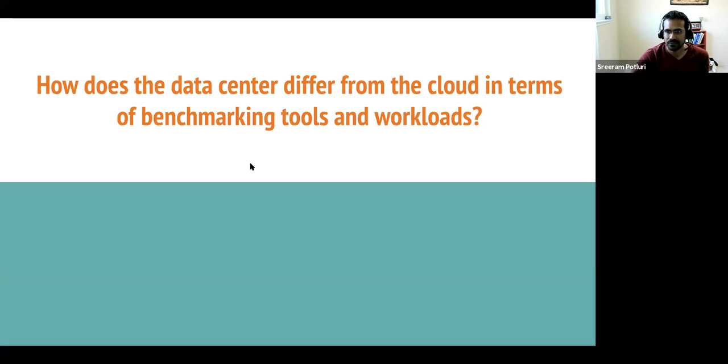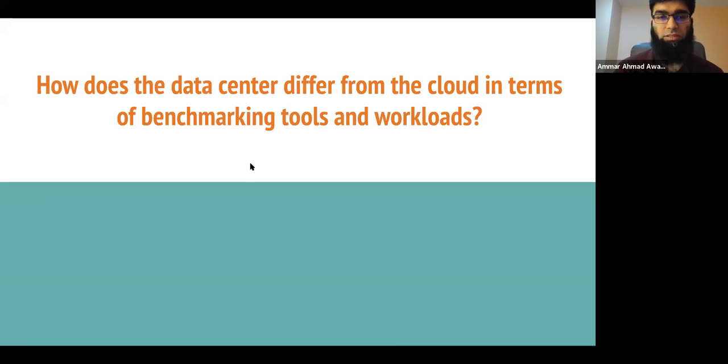I think that would be a useful tool to understand the efficiency of the systems and the software stack as well, and that could be useful for the application developers. Yeah. Thanks, Sreeram. That makes sense.